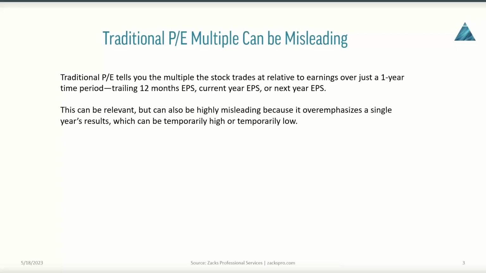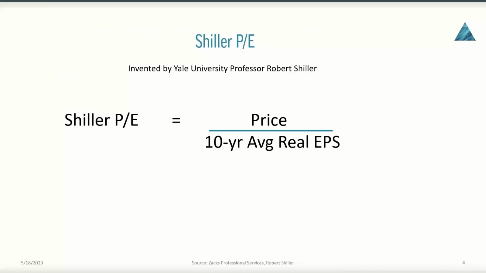So the idea is that if earnings revert to the mean eventually over the long haul, then using traditional PE is going to be misleading, especially when you're at those pivot points at the top or bottom of a cycle. So this is why traditional PE should be used in conjunction with other metrics. But the way to fix this is to use the Shiller PE.